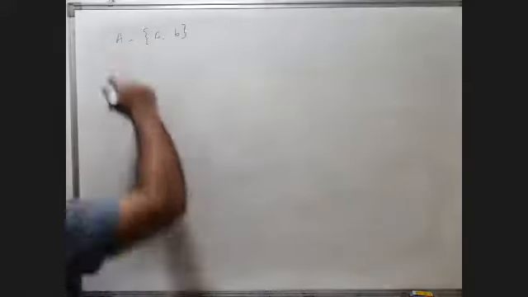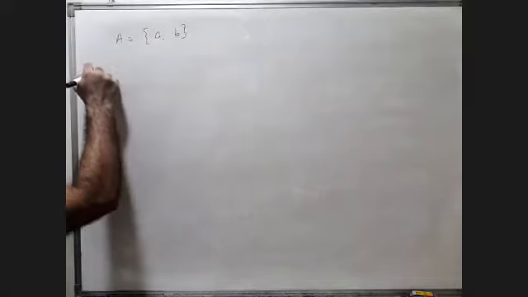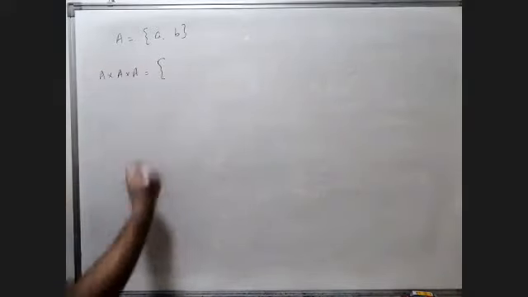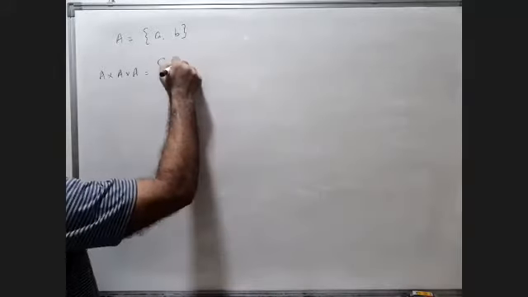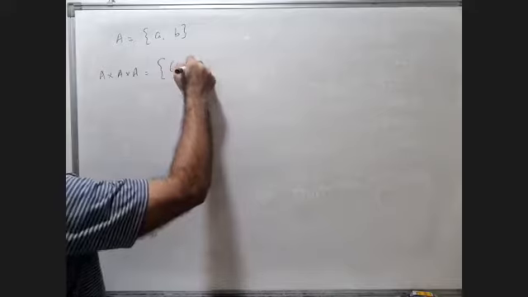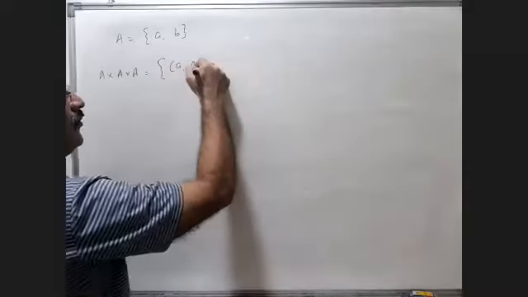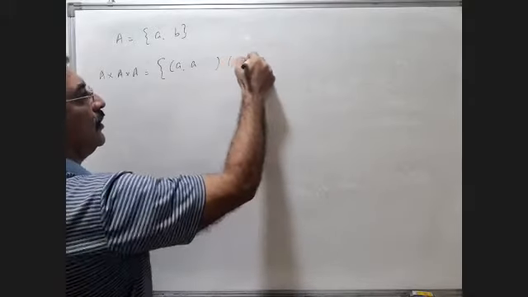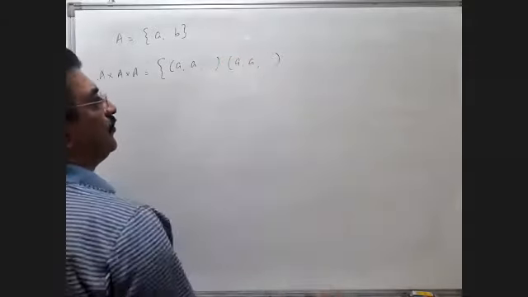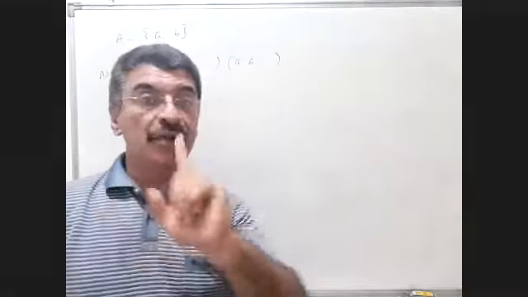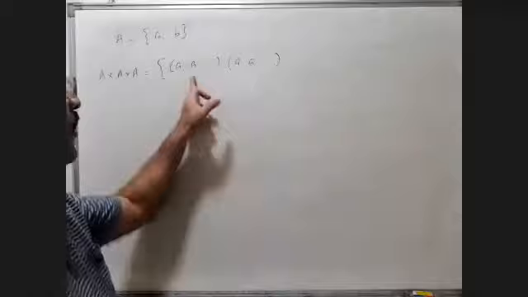So if A is equal to this one, A cross A cross A, the best way is to first imagine A cross A, leave space, because first we are writing A cross A only.